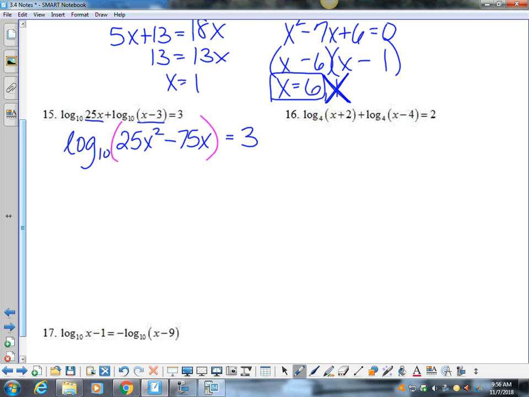It is base 10. What do I want to do? So 25x squared minus 75x falls down, and that equals... He is quadratic.